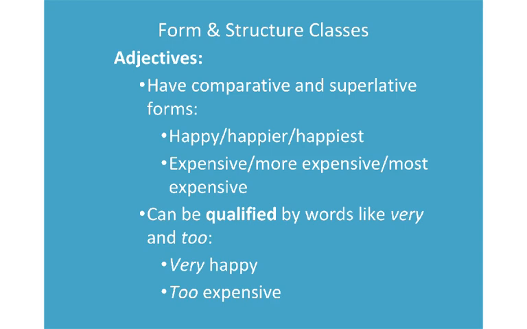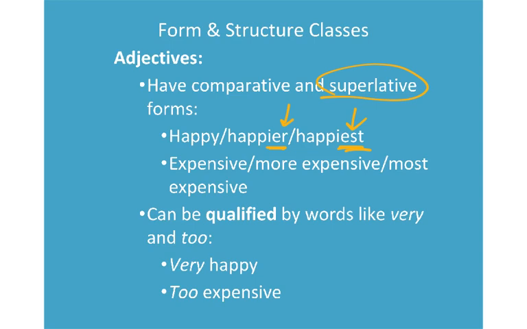Adjectives have comparative and superlative forms. So these are the superlative or comparative words. Superlatives, if you think about like in a yearbook, most likely to succeed, most likely to get a perm, whatever it is, those words are superlatives, and we're doing that with the ending of adjectives.